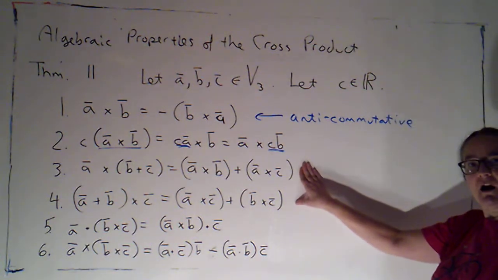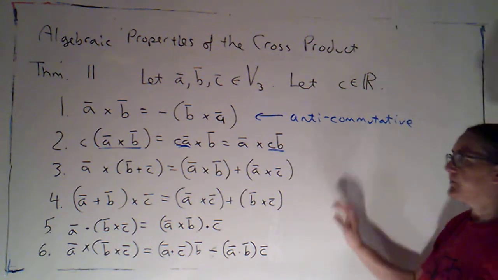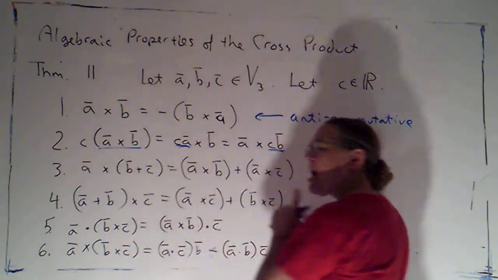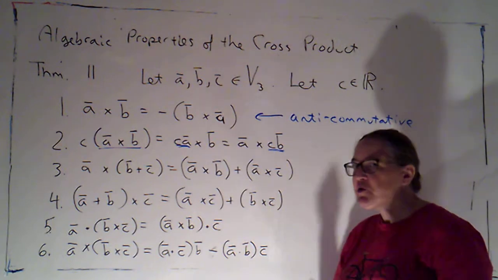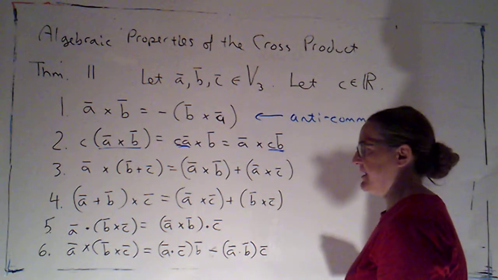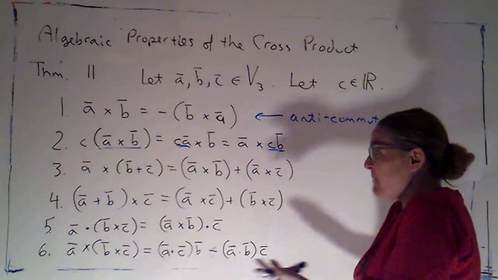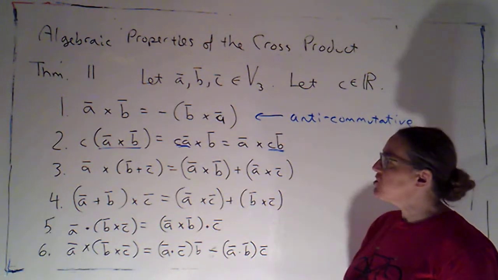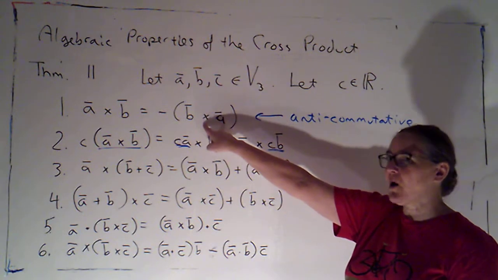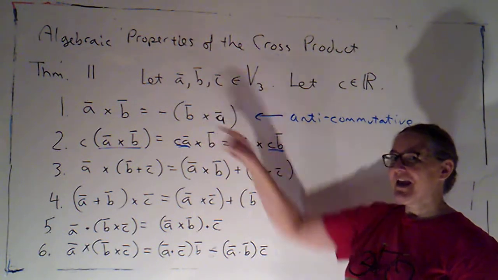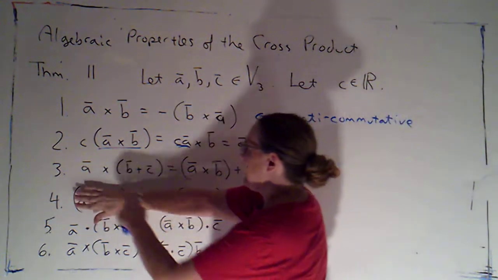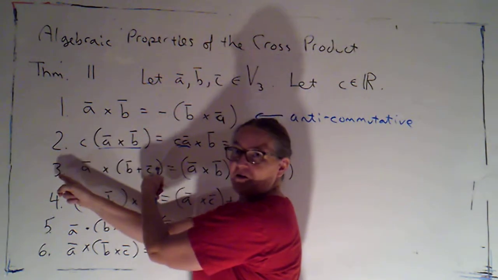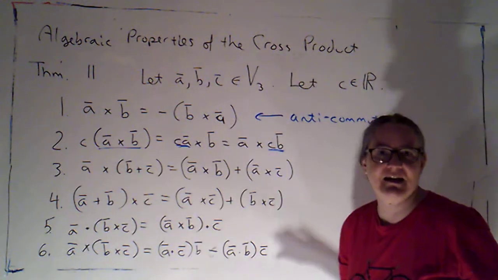3 and 4 are distributive properties. The cross product distributes over vector addition. But this is the first time we've had 2 distributive properties that worked with the same operations, just the cross product and vector addition. And the reason we need 2 of them is because we don't have a commutative property. If I had the commutative property, then I could switch the order and I'd know that worked too because it's the same thing.